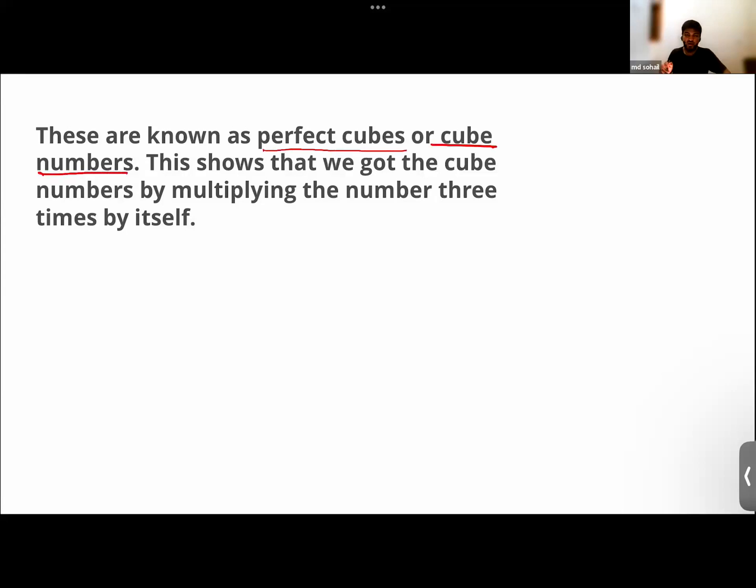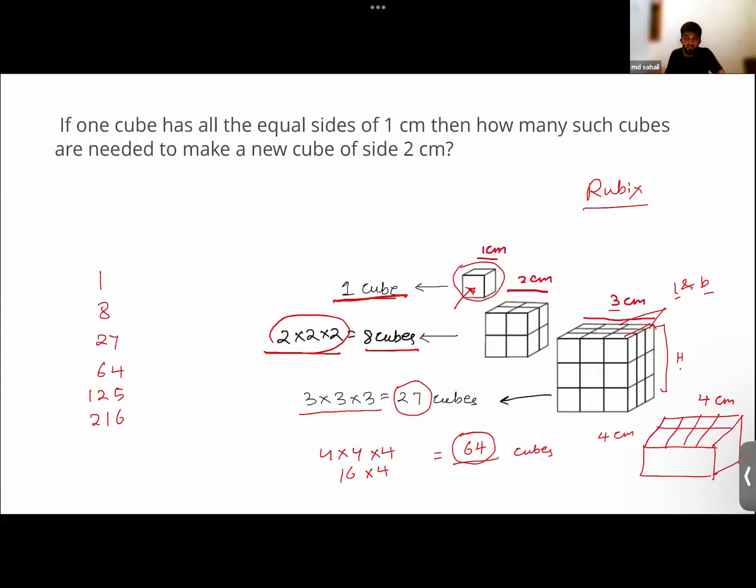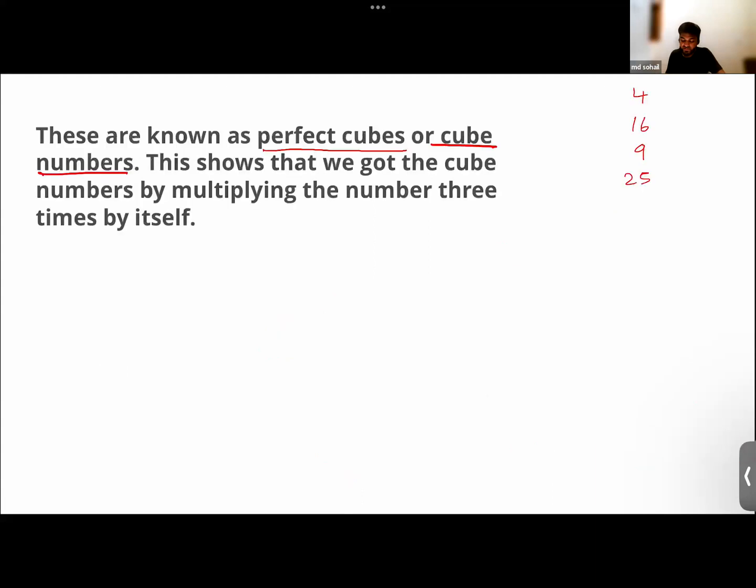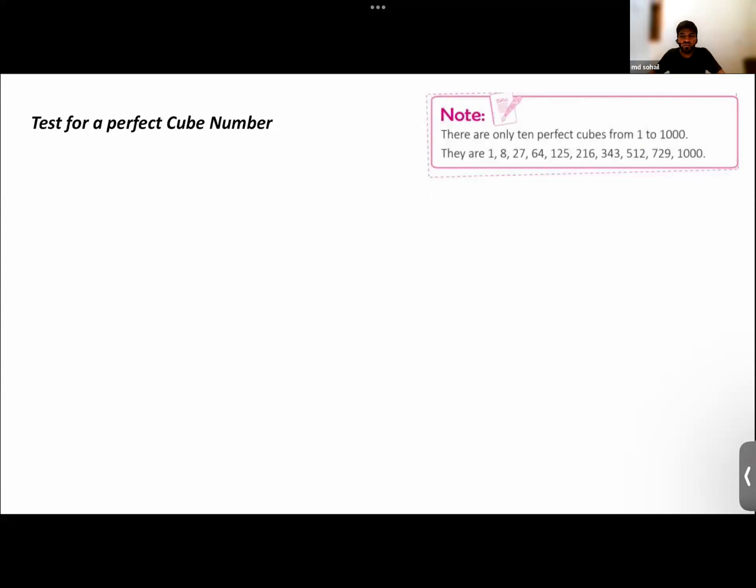Just like in squares and square roots, we had perfect squares like 4, 16, 9, 25. These numbers are called perfect cubes. But the question is, how do we test whether a given number is a perfect cube or not? That is the question here.